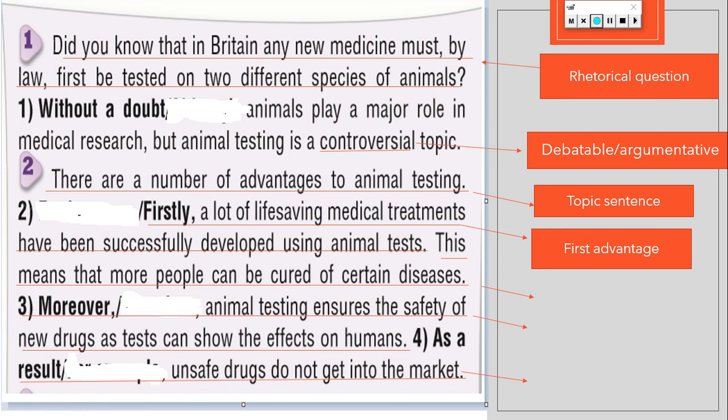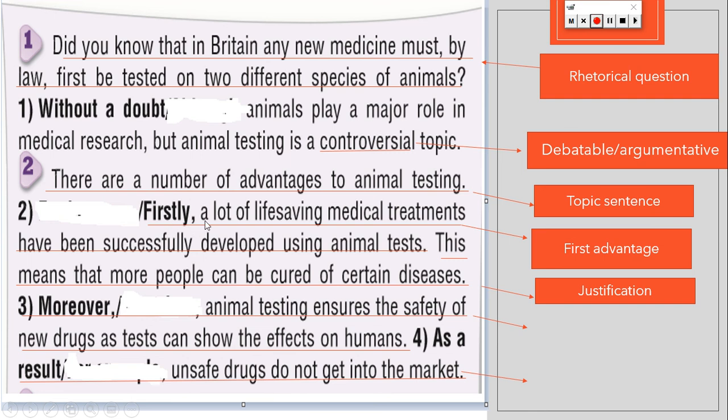Okay, so they give us the first advantage, and then this means, so we are still in the same advantage, but we are explaining it, justifying it. So this is called justification. So this is my argument, and this is the justification of the argument.